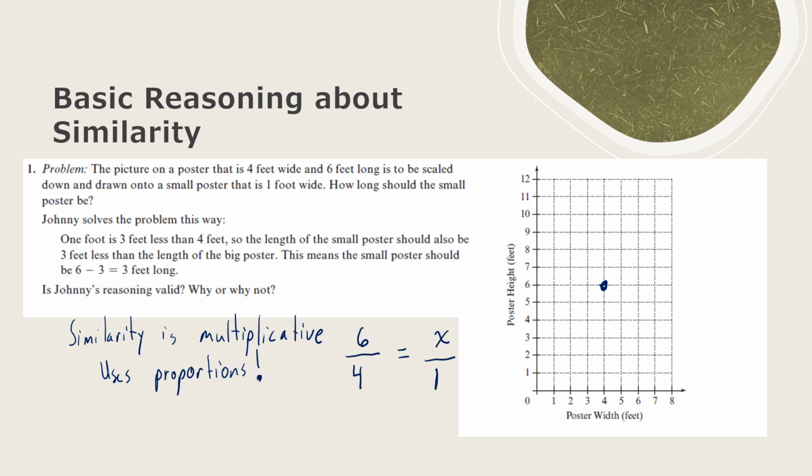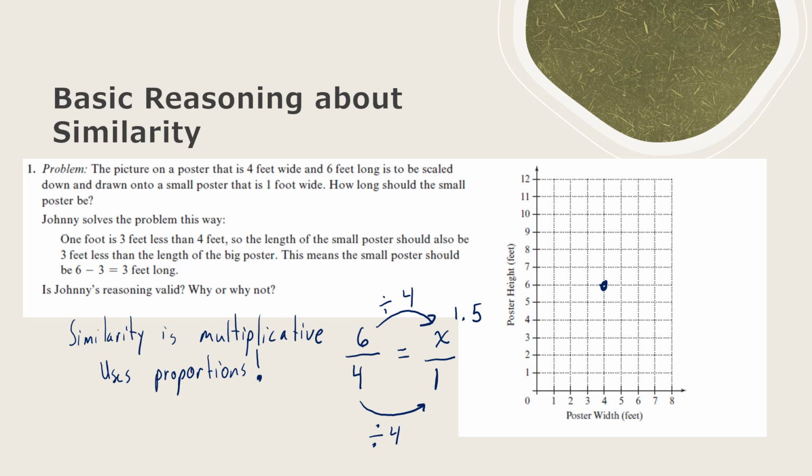Now, in order for this to be maintained, one way I can think of it is I divided by 4, and so I can divide the 6 by 4. And 6 divided by 4 is 1.5. So this should be at the point 1, 1.5.